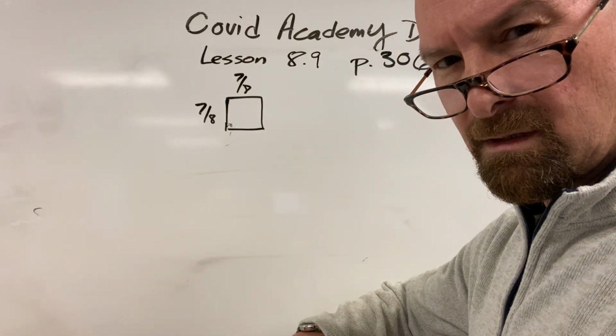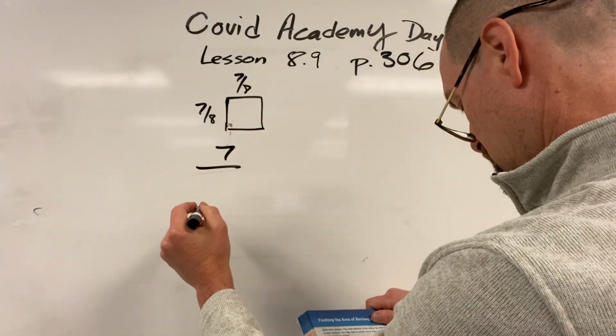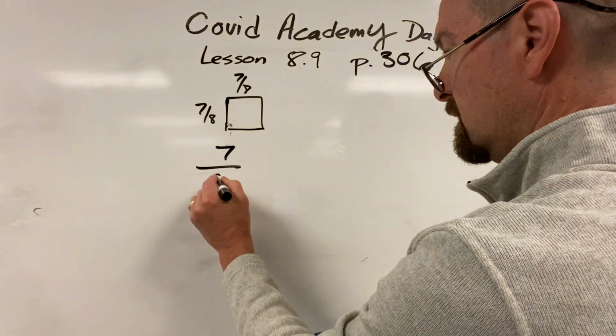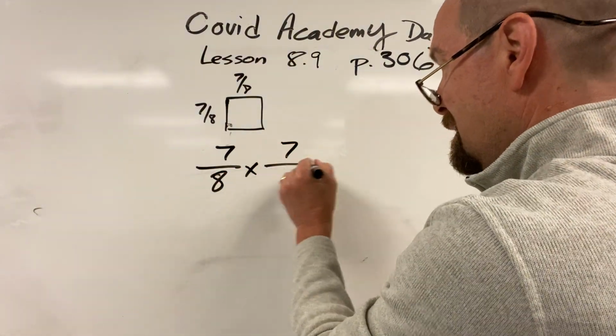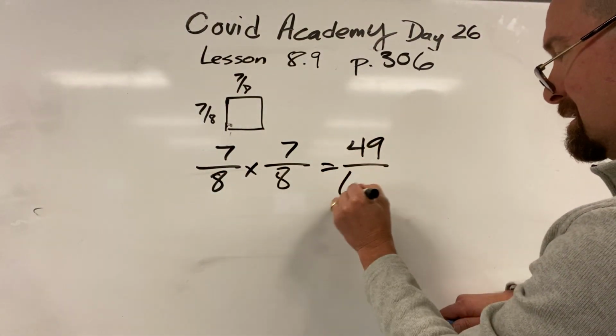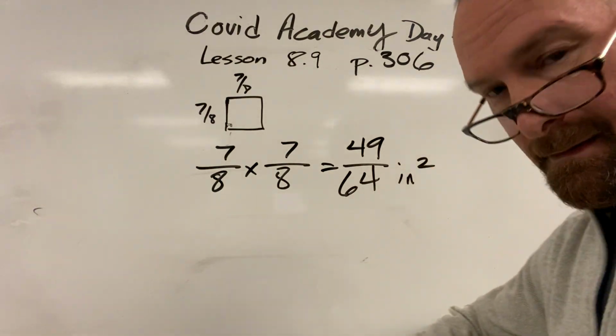Why is that one so much easier than the other one? It's just 7/8 times 7/8, which is 49/64 square inches. All right, that wasn't hard.